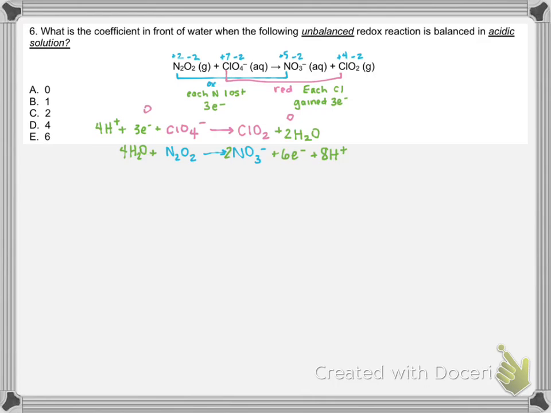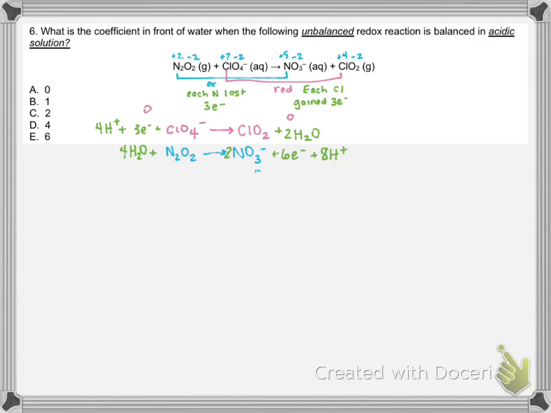We can check to make sure that our charges are the same on both sides. So here we're overall neutral. On the right we have -2, -6, so overall -8, +8, so we're neutral on that side too. So both of these individual half reactions appear to be balanced.